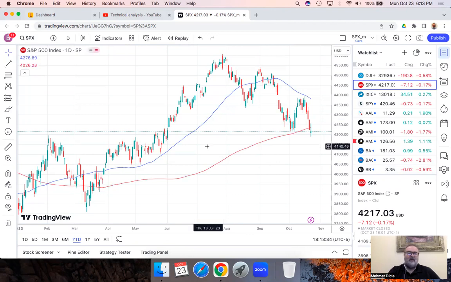So the whole idea behind the moving averages is the reversion to the mean. It comes from economic theory that data series have that tendency to revert to their mean. And we do see that volatility around that mean.